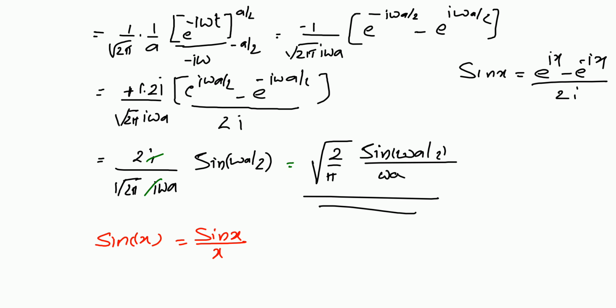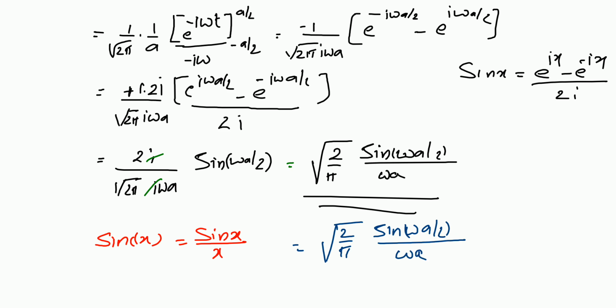Now you can rearrange this answer. Look carefully: we have root 2 by pi and sine of omega a by 2, and that is x. The x part here is omega a by 2, and in the denominator that x should also be there.